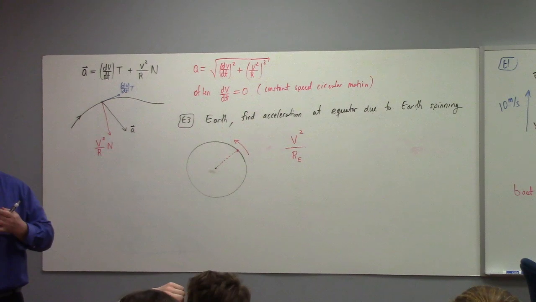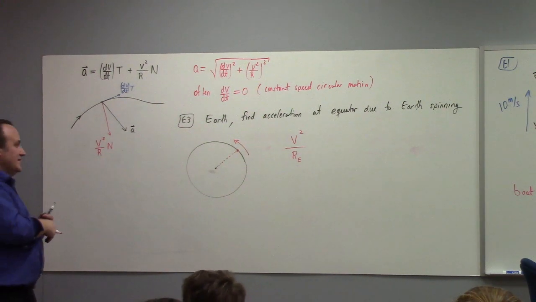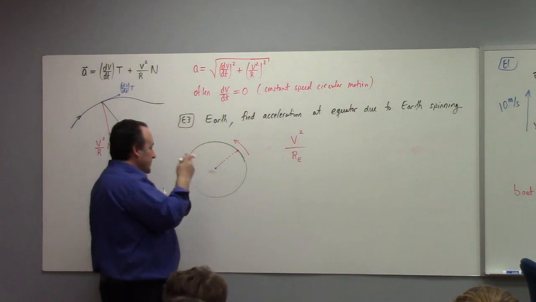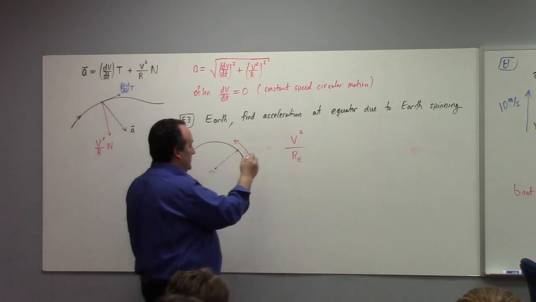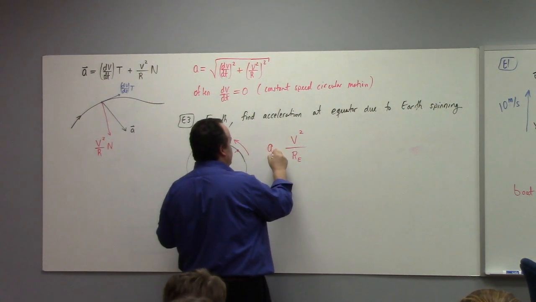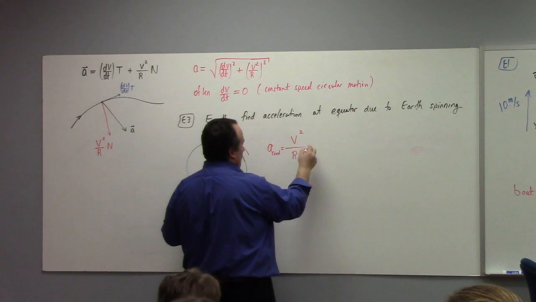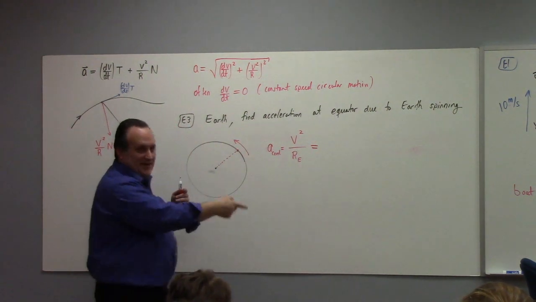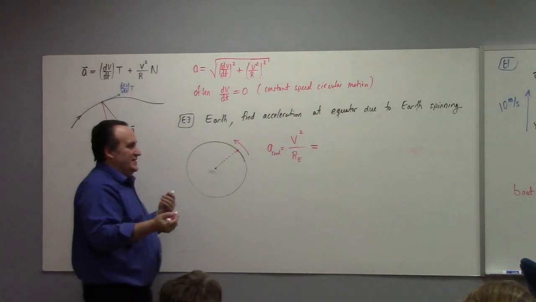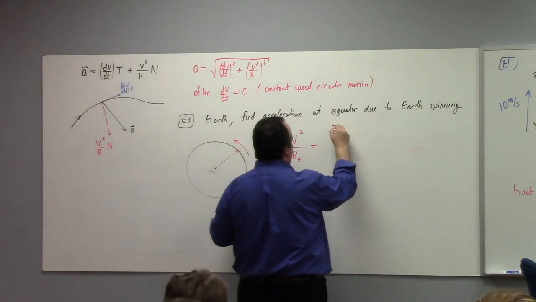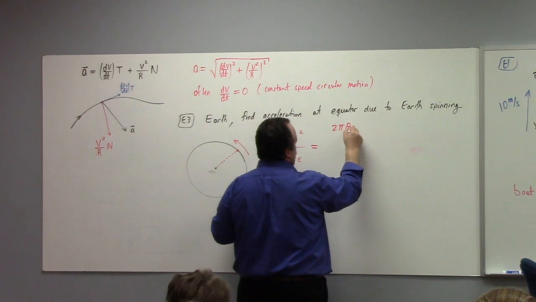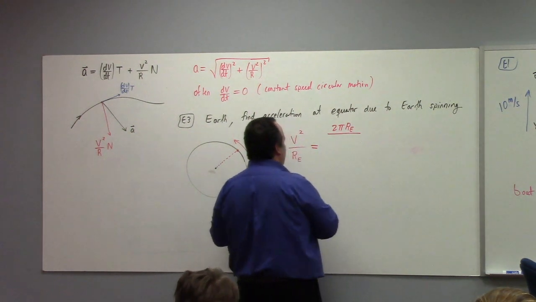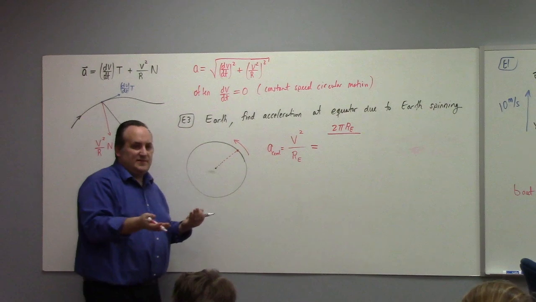How big is this? This is the centripetal acceleration for the Earth. How do we calculate this? We got 2 pi r, and what's the period? It's constant speed, right?